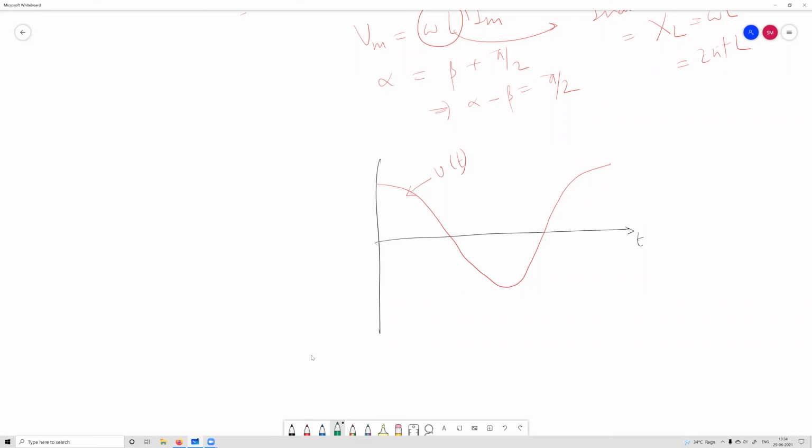That means that here it will be like this. It will be like this. Check one thing. This is cos. This will be minus sine.